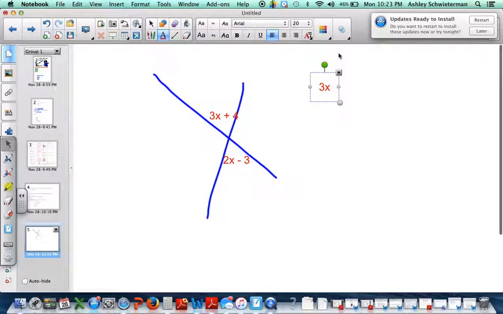So I would take 3x plus 4, and set it equal to 2x minus 3, and I would solve for x. Subtract 2x from both sides, and I'd get x plus 4 equals negative 3. I find x equals negative 7.